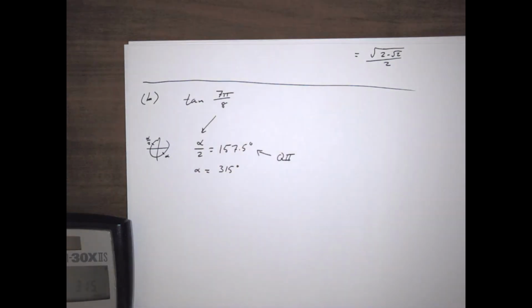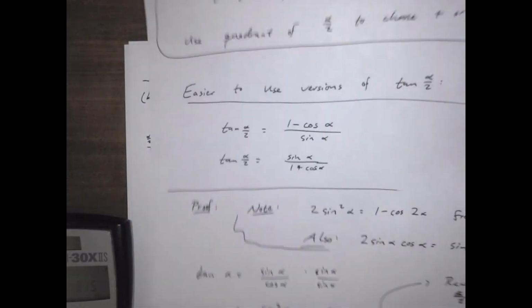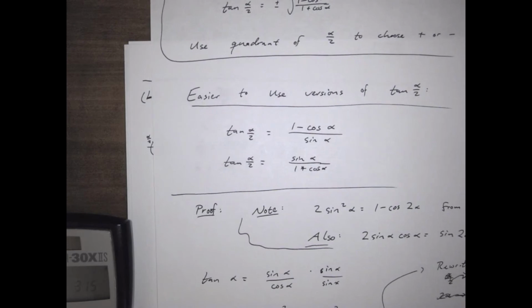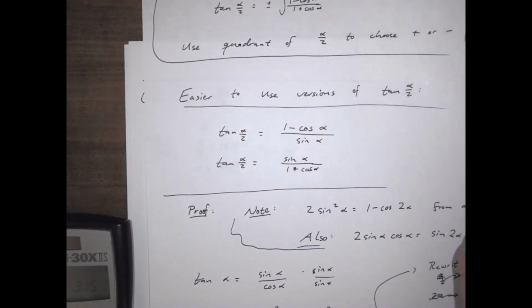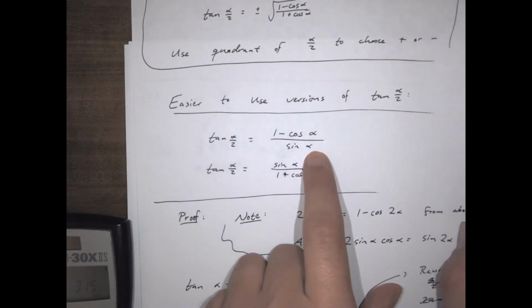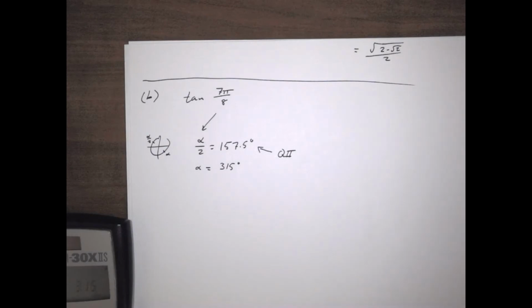Okay, so if I want to use one of the other formulas for tangent, I can just look them up here and decide which one I want. Not really much to decide between the two of them, but in general, the easier one to deal with will be the one that has just one term in its denominator.